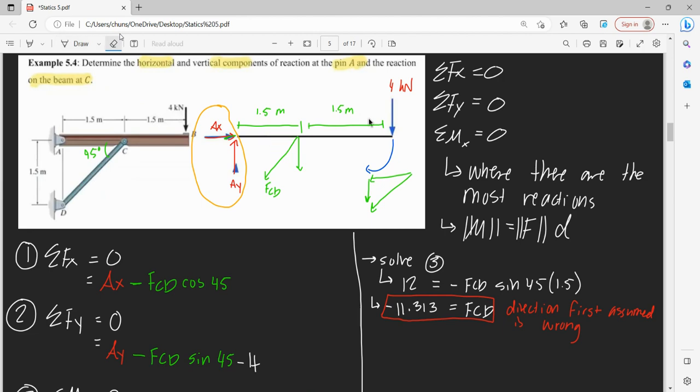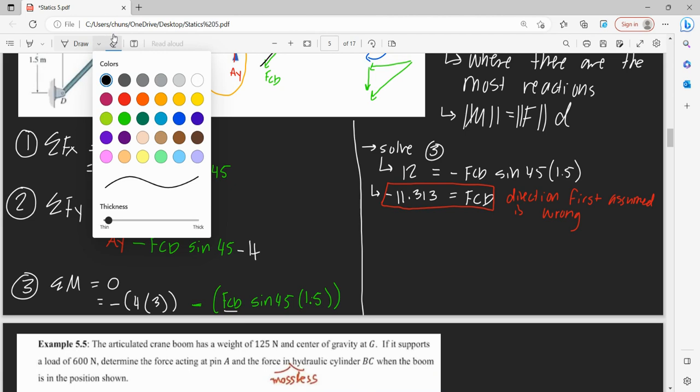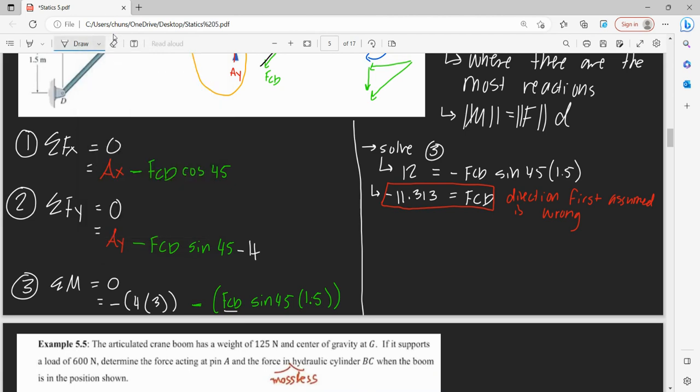But now after we've done the math to solve for it, we see that it's a negative quantity. So that means instead it'd be directed this way if we were to amend it. So we're going to redraw our diagram afterwards so you can see what that would look like. Okay, and now we can use this to solve for AX and AY.